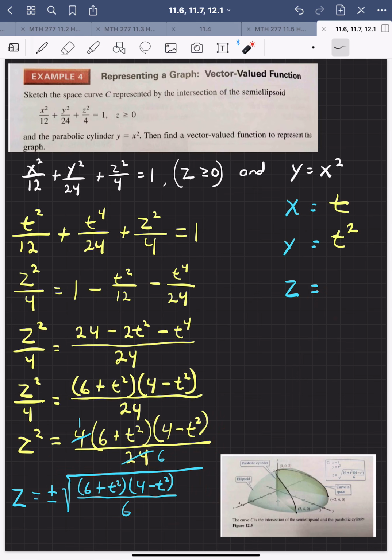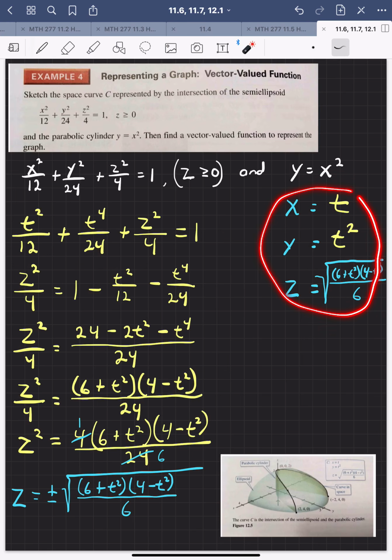But because of this domain restriction, I'm going to go with the positive version of that square root. So now let me write z. So z is the positive square root of 6 plus t squared times 4 minus t squared over 6. All right. Well, beautiful.